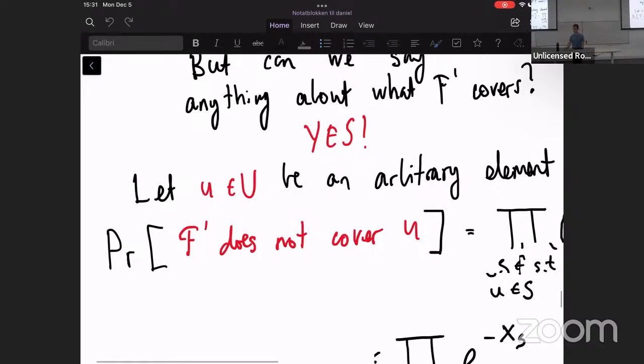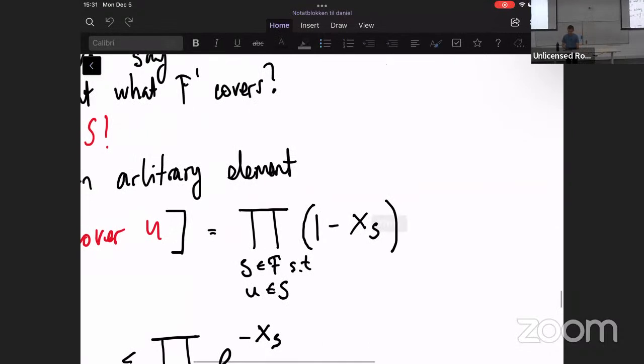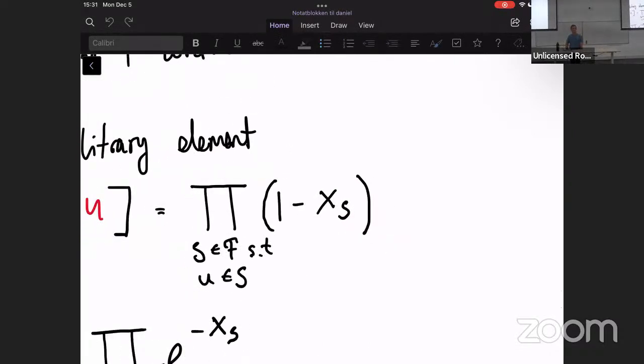I claim that it's this: for every set that contains the element, I shouldn't pick that set. The first set, I don't pick it with probability 1 minus x_s. The second set, I don't pick it with probability 1 minus x_s prime, for the next set, and so on. So it's the product of 1 minus the variable value.